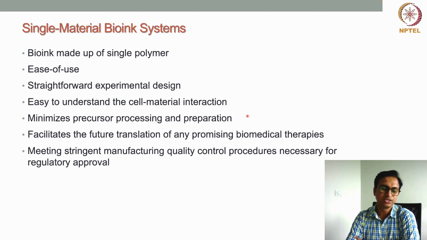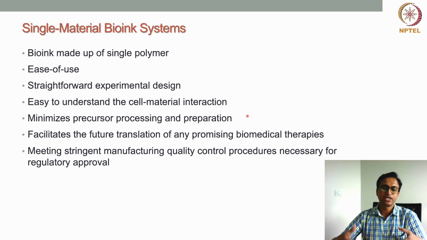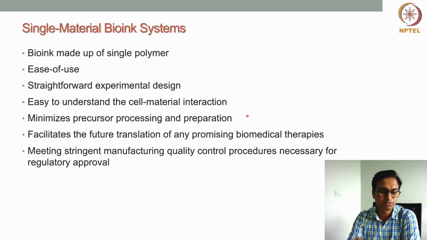That stringent requirement can be easily met with a single material bioink system, because it is very easy to take care of a single material compared to multi-material. If there are multiple materials, then various combinations are possible, and each of these combinations has its own properties and challenges.